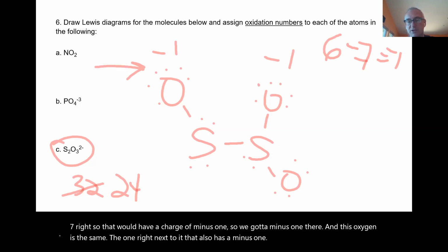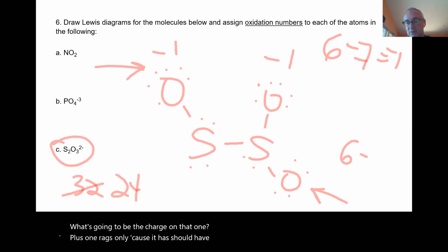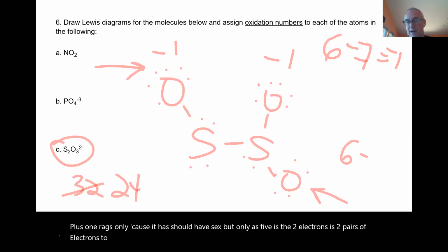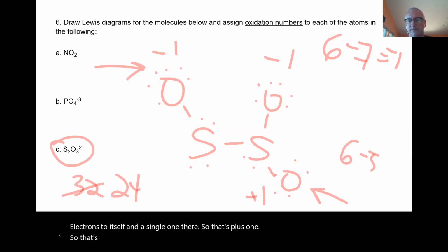And what about this oxygen down here? What's going to be the charge on that one? +1, right? Because it should have 6, but it only has 5. There are 2 pairs of electrons to itself, and a single one there. So that's +1. So that's problematic. Let's do the sulfurs.